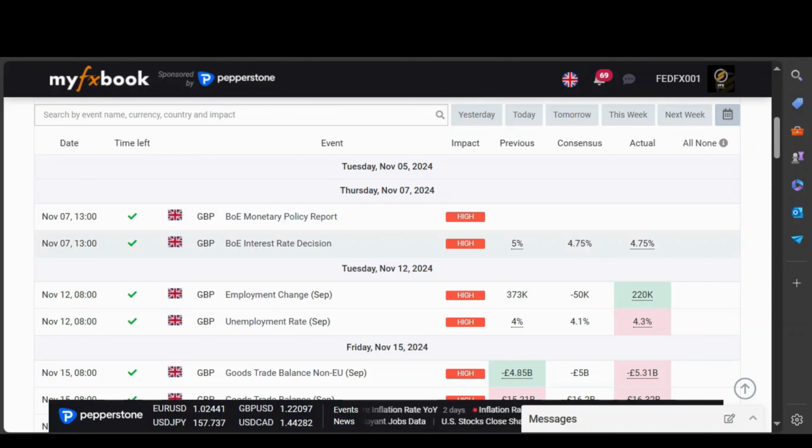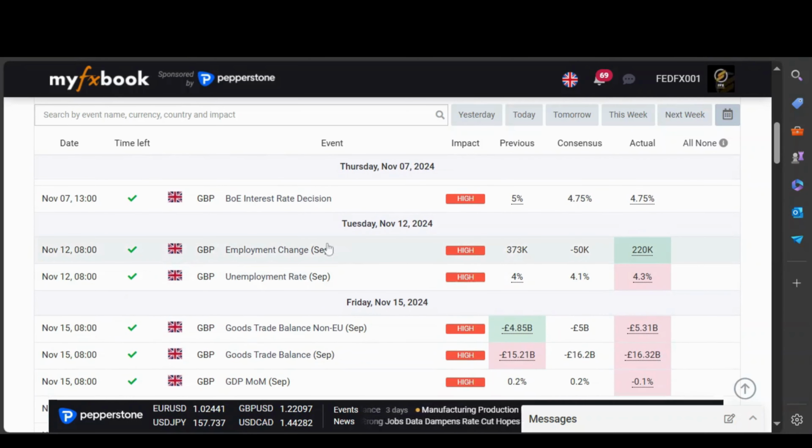They were trying to combat the flagging labor market, right? If you had checked the labor market data from the previous month, you'd see the reason why we had this rate cut. We had a better employment change, but this is the thing.